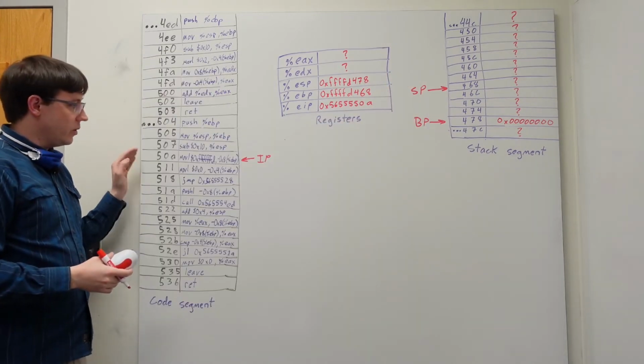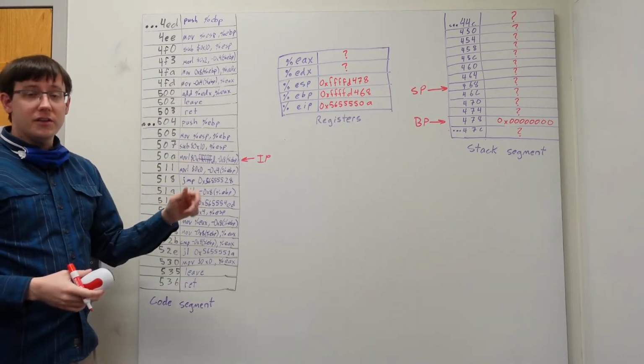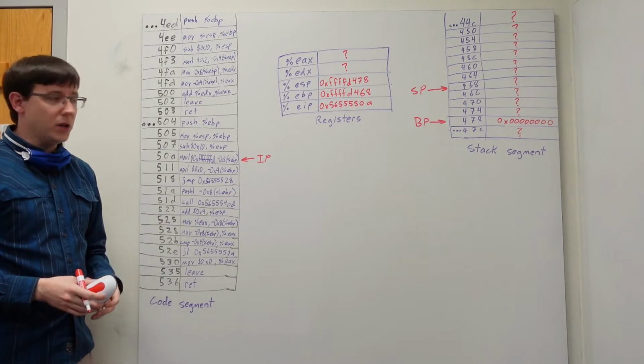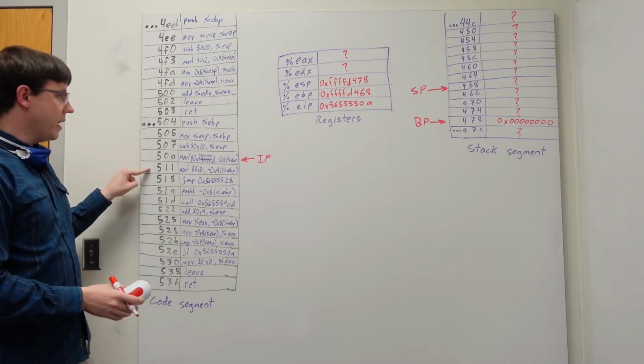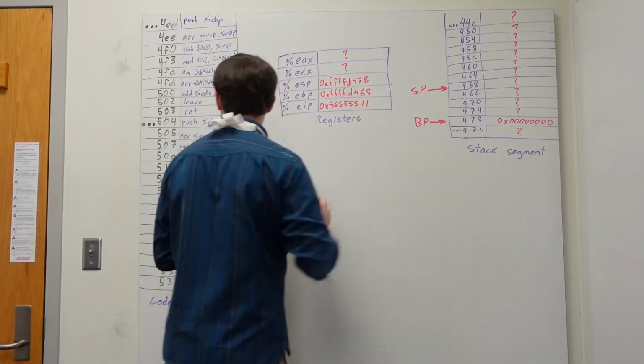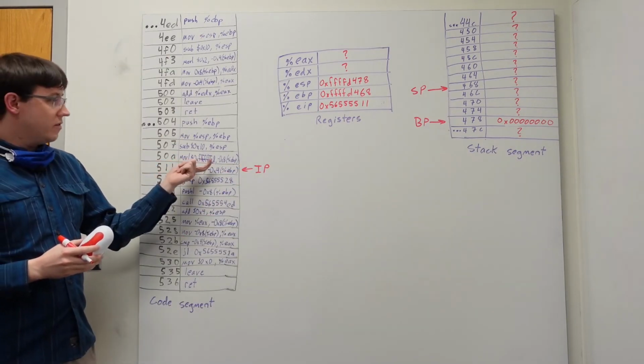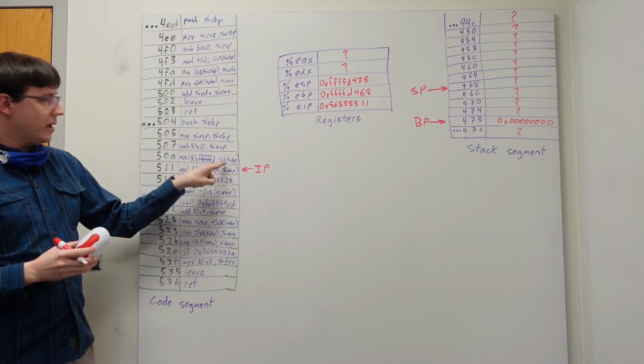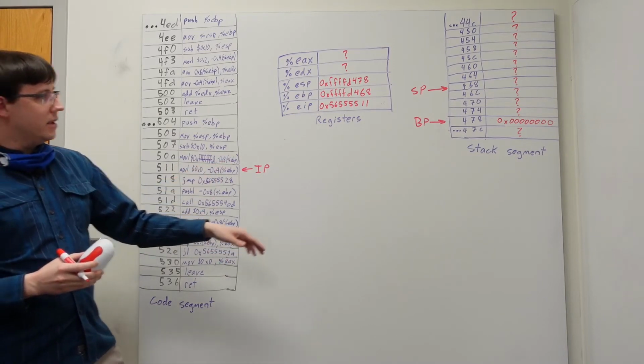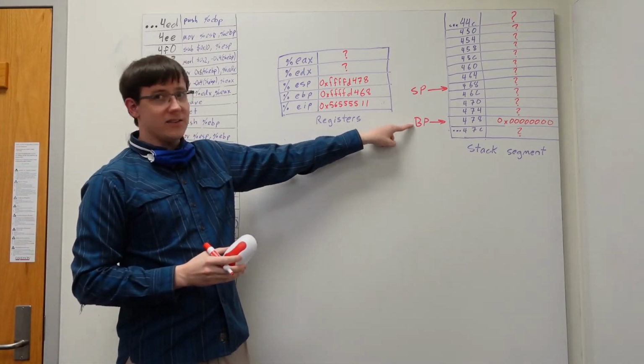Next, we're executing a move instruction. This was initializing the variable I. We'll increment the program counter. And then we'll put this value into the memory location that is base pointer -8.